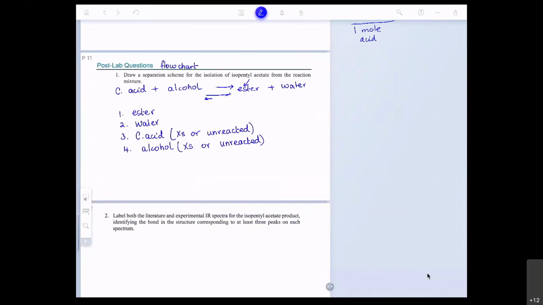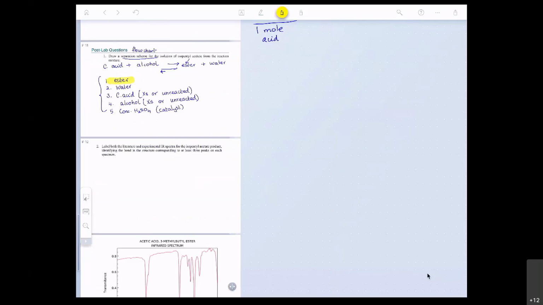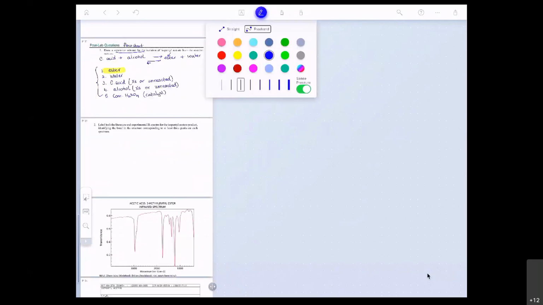Because of this little backward arrow, you're going to have all these four. And don't forget that you're going to have concentrated sulfuric acid, which will be regenerated. That's your catalyst. That's why you're asked to come up with a separation scheme of how to get what you want from this mixture. So let's go ahead and look at the separation scheme.